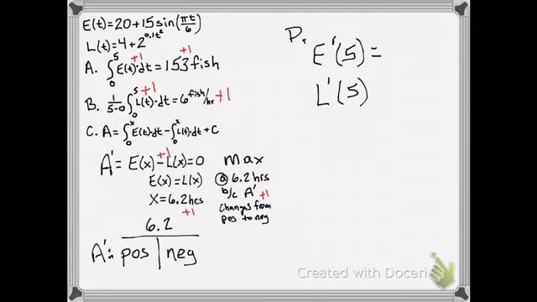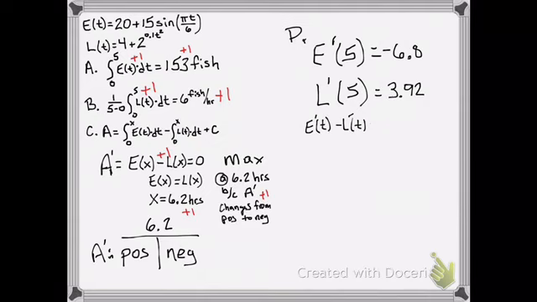If you use your calculator, again, and you should always be using your calculator, E prime of 5 is negative 6.8. L prime of 5 is 3.92. If we go back to part C, we would be subtracting those, E of x minus L of x, or E of t minus L of t. And so if I subtract those, E prime of t minus L prime of t is a negative value.